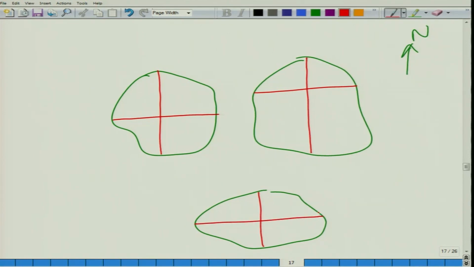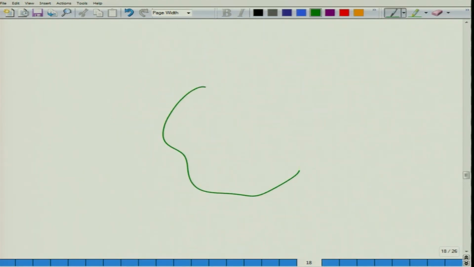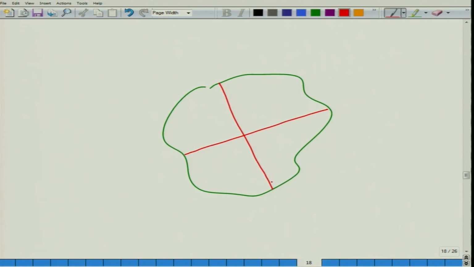That would be your crown width. Or otherwise you can take any random diameter, regardless of whether it is a maximum or a minimum diameter, and then take a perpendicular diameter. The average of both of these will give you the crown width. So this term is not as well defined as the other terms.